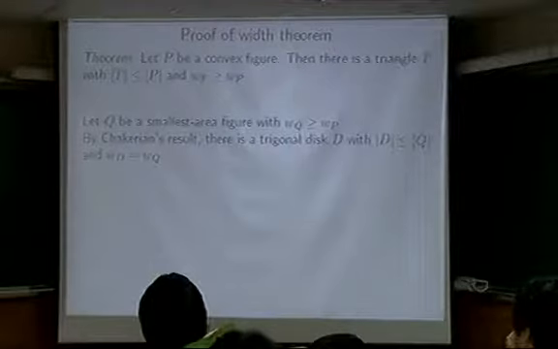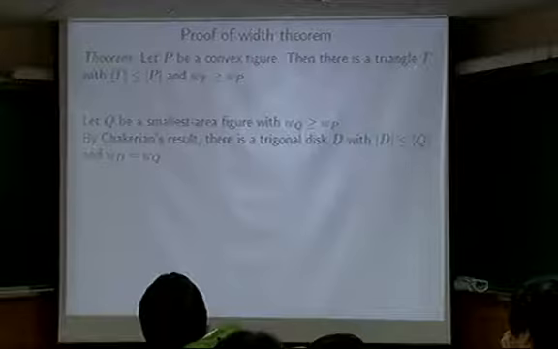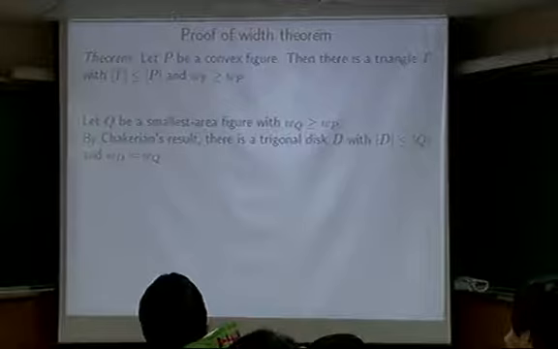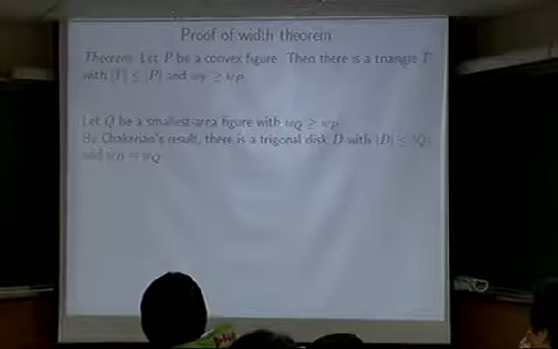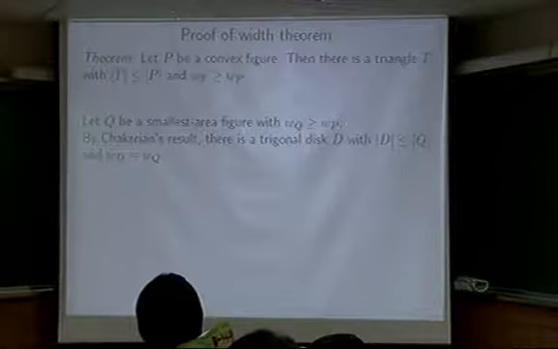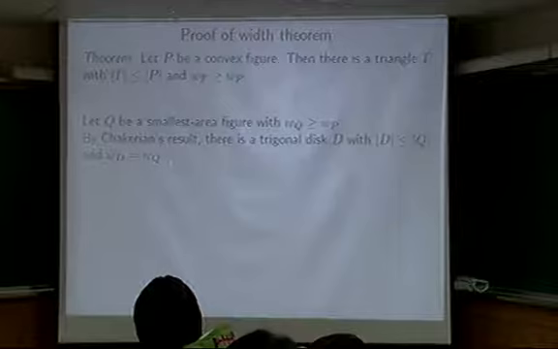Well, I guess I could just have said I can assume that this is a trigonal disk. Right? No, Kakeya proved it for equality here. So we have to do it in 2 steps. So first I pick this one here, the smallest area figure that dominates this. Now Kakeya tells me there is always a trigonal disk that has the same width function and whose area is not more than the area of this one here.